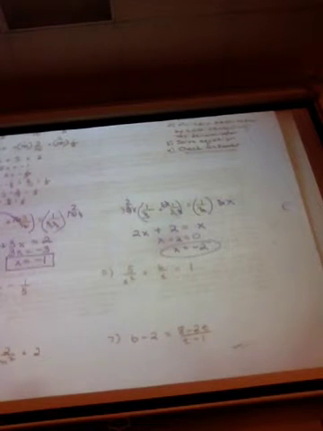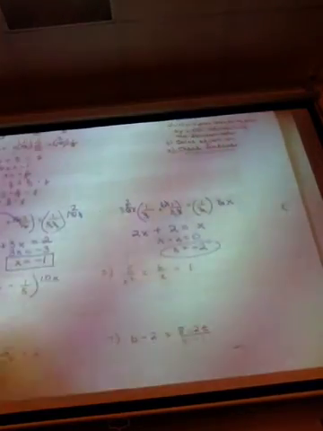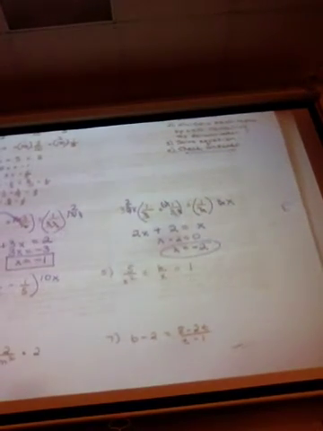What would I multiply each term by here? 10x. Okay, so everybody multiply both sides by 10x and see what you get. Show me the next step without the denominator. What'd you get?